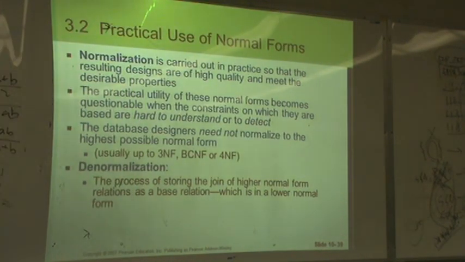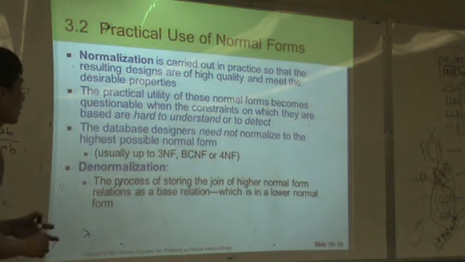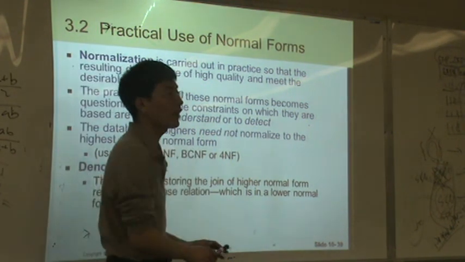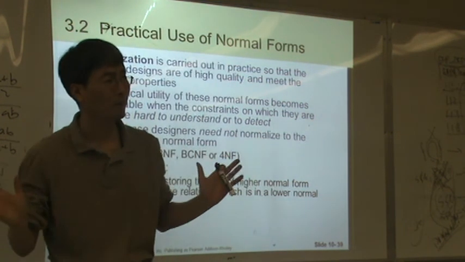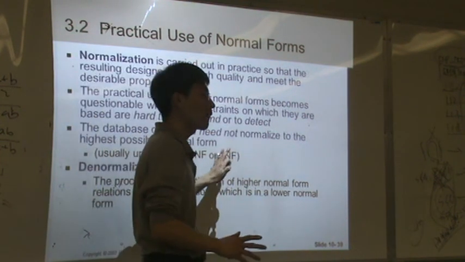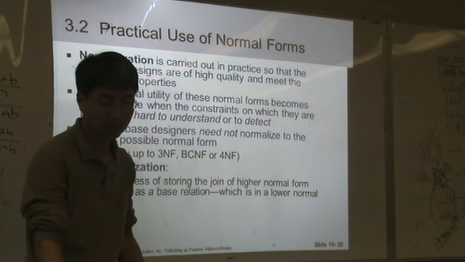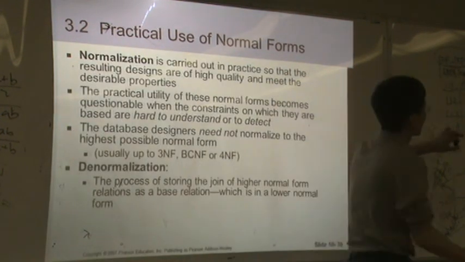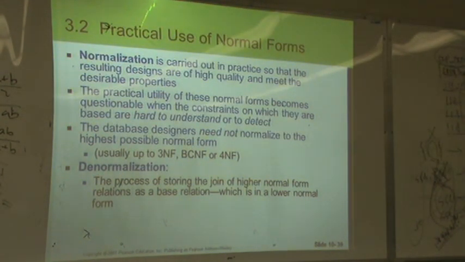So normalization is what I explained. Usually it's up to BCNF. The higher normal forms are not very complicated. When you need to consider them, you can take a look at this textbook. In other words, the normalization process is called decomposition. How can we decompose? By using functional dependency.